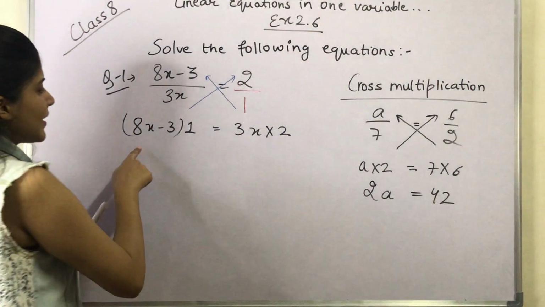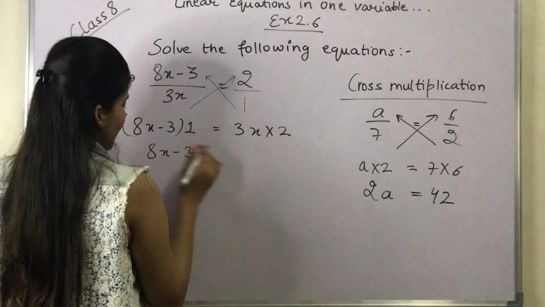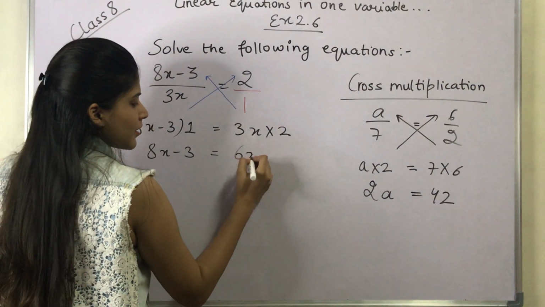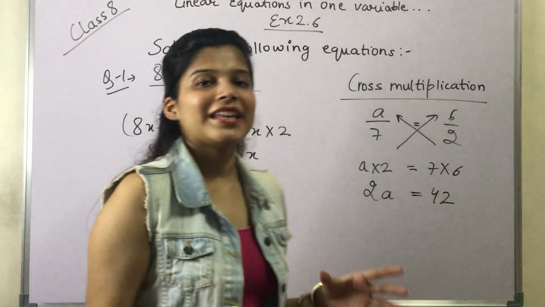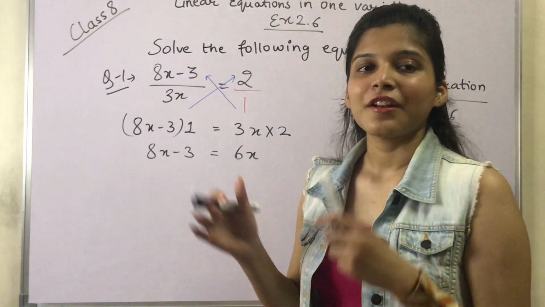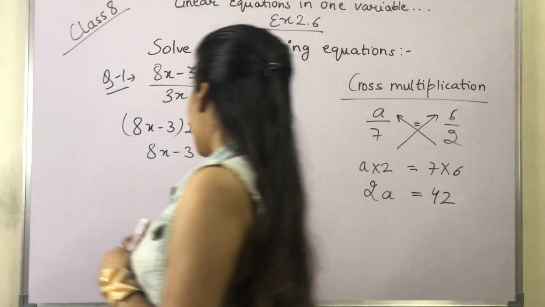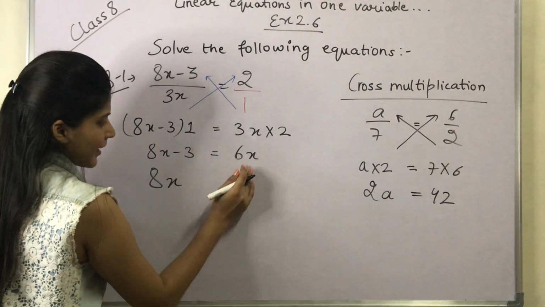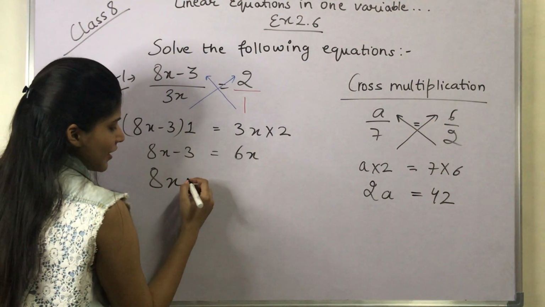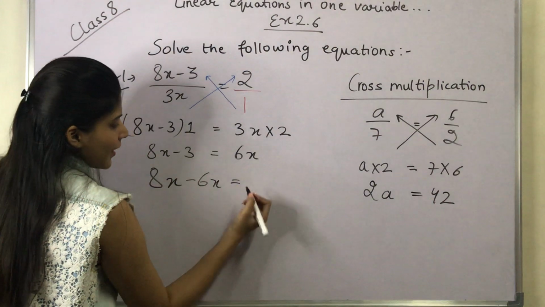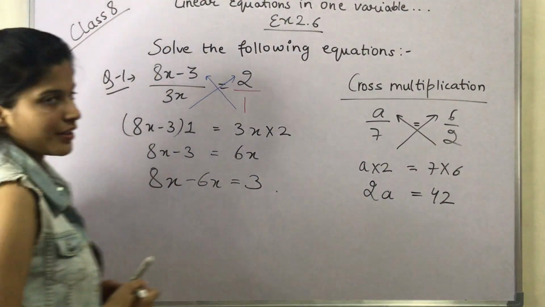So (8x minus 3) into 1 is nothing but 8x minus 3 equals 3 twos are 6, 6x. Now we have to take the variable terms on one side and constant terms on the other side. Variable term we have 8x, so we will transpose 6x to the LHS, 8x minus 6x equals, as it is minus 3, so it will be positive 3 now.